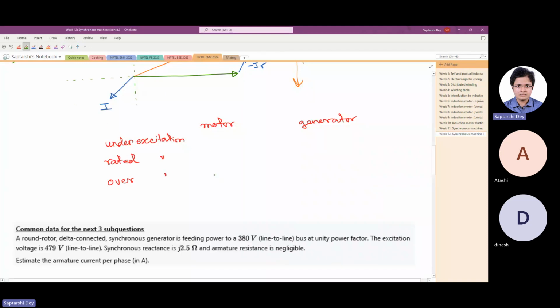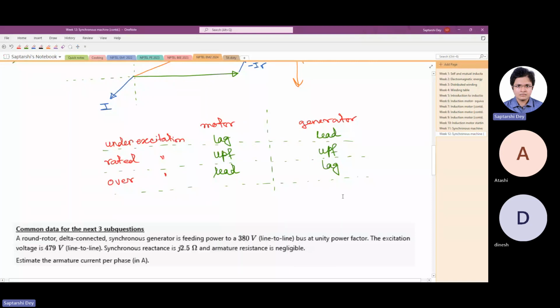So motor over excitation is nothing but the synchronous condenser. So lead. Once you remember this, then it's easy to remember the others. Yeah. So this is the way of operation at different excitation conditions. You have different operating conditions of the machine. Okay.